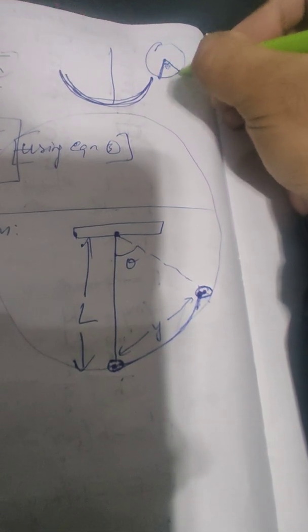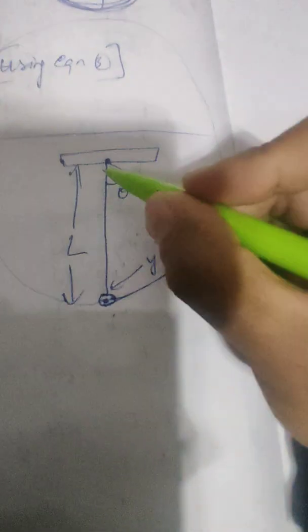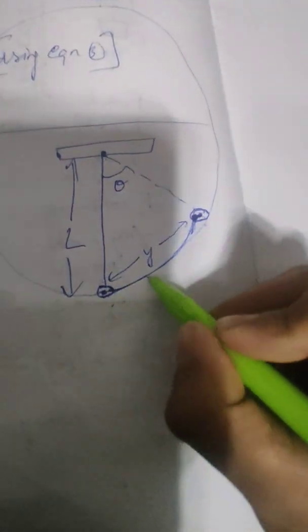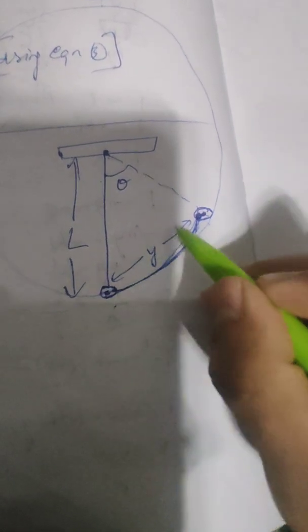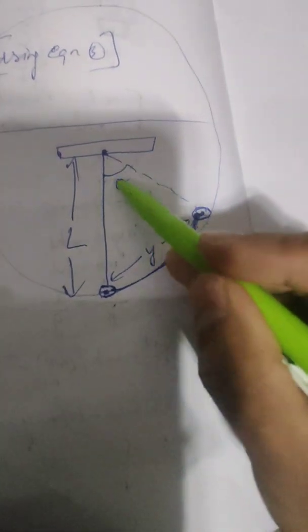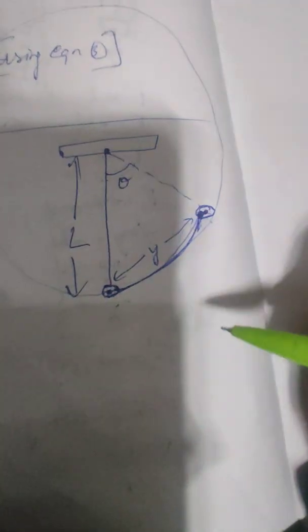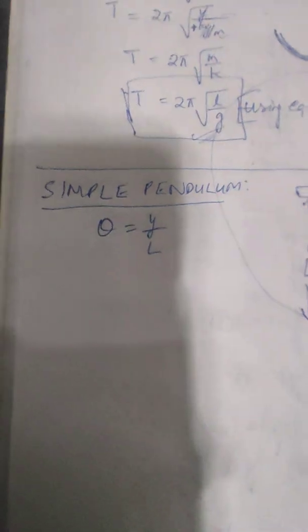This is L, and this is Y. So if we divide Y by L, we get the angle between the two radii. So firstly, theta is equal to Y by L.